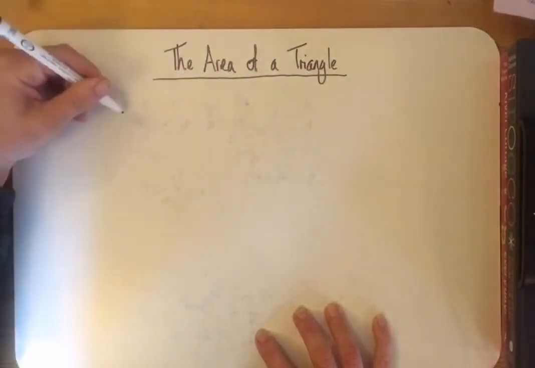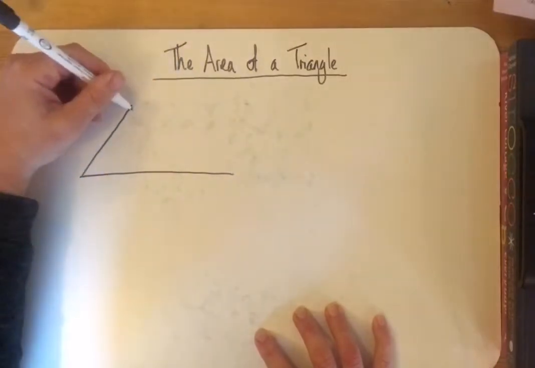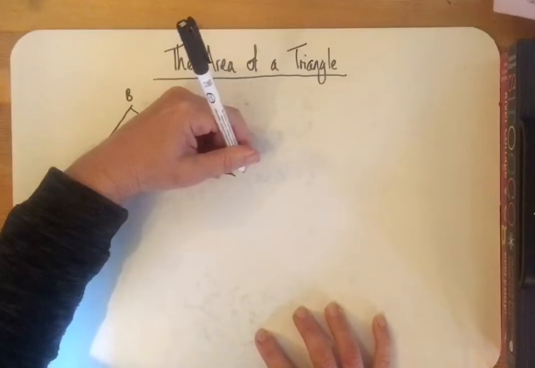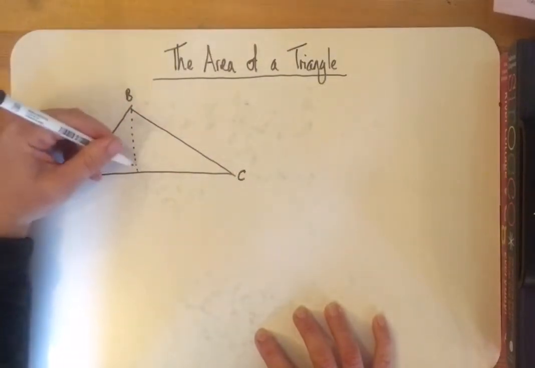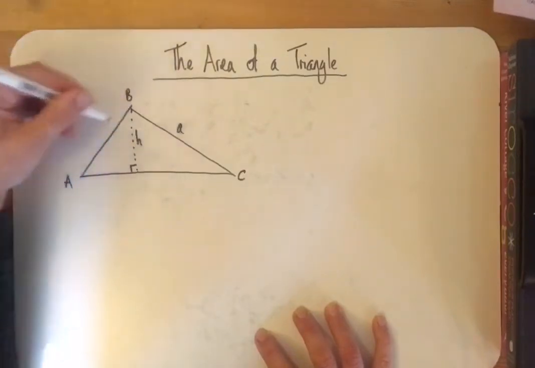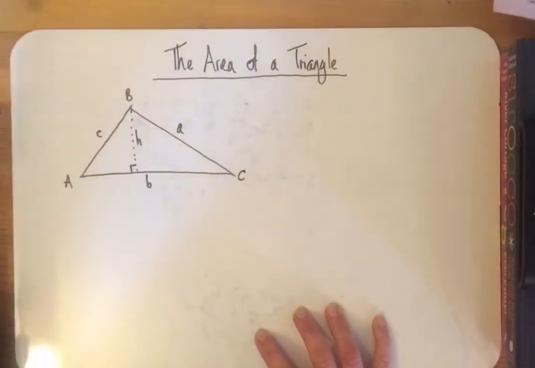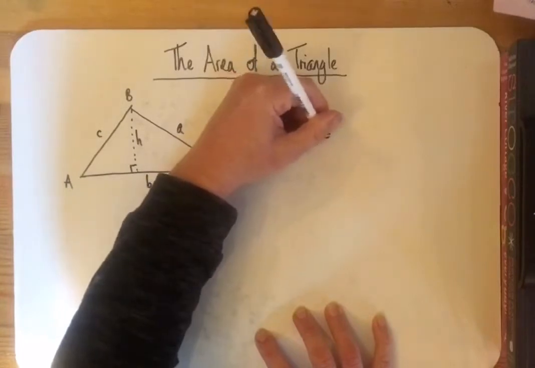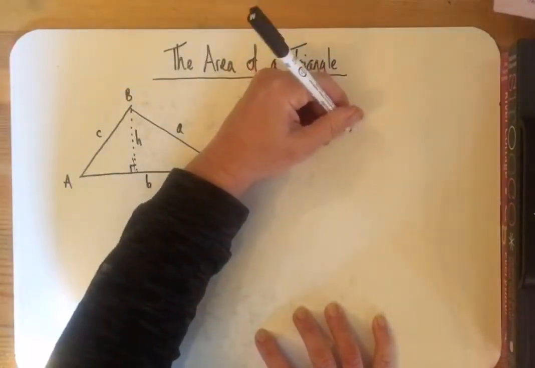So we have a triangle A, B, C, and a perpendicular height, which I'm going to call H, and then standard labelling of the sides. So the area of that triangle is equal to a half base times height.